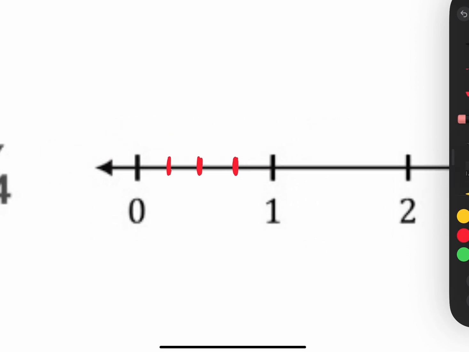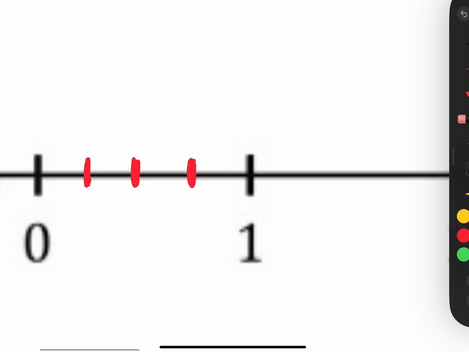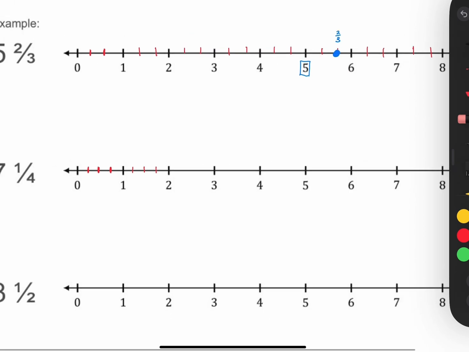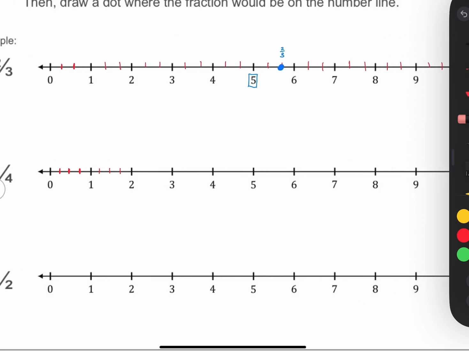So that means I should have 4 spaces, 1, 2, 3, 4, between each whole number. 1, line here, 2, line here, 3, and line there, 4. So 4 spaces between each whole number. Once you've done that, can you find where 7 1/4 would go on the number line?